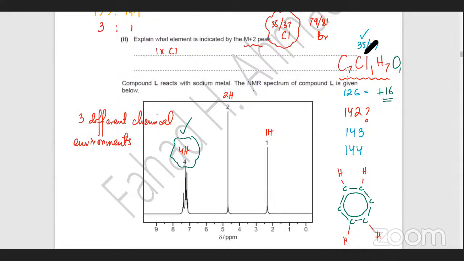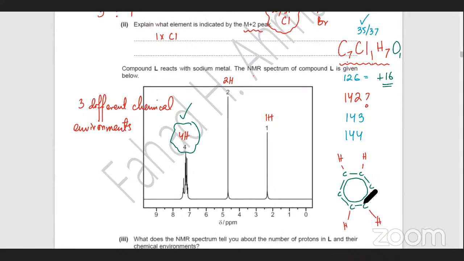Now, once you figure out that there is a benzene, what is left? If you subtract the benzene, then there's 1 carbon atom, 1 Cl atom, 1 oxygen atom, and there's still 2 hydrogens and 1 hydrogen left. So these 2 hydrogens must be a CH2 because there's 1 carbon atom. And there is one Cl and one H also left.